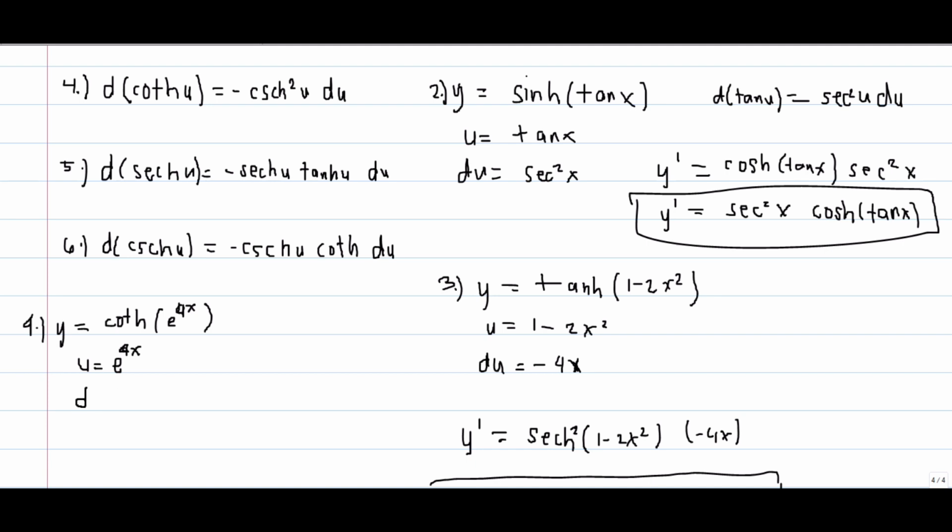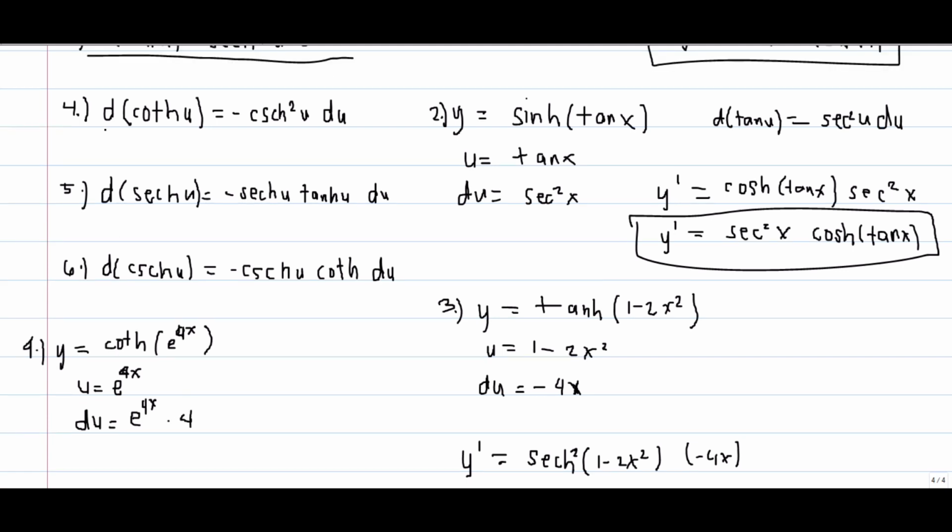Then to find du, that is equal to e to the power 4x, then we differentiate 4x, so times 4 here. Okay, so again, the derivative of cosh u is equal to negative csch squared u du.